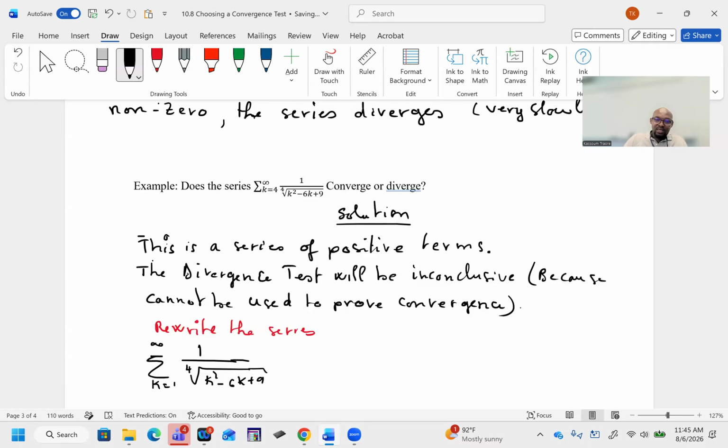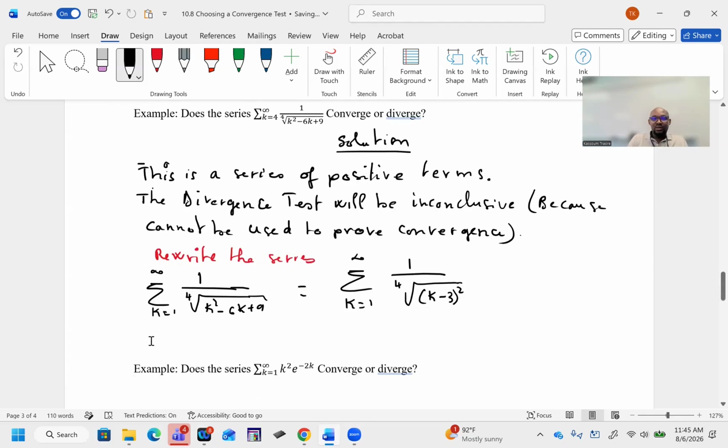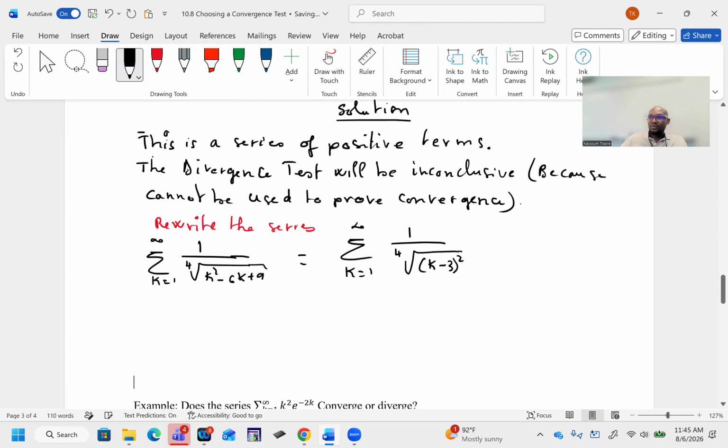And we can see this is the same thing as the sum of 1 divided by the 4th root of (k minus 3) squared, right? And of course, we can use substitution. Shift the index. Let j be equal to k minus 3. So we know that will change the index of this one also.